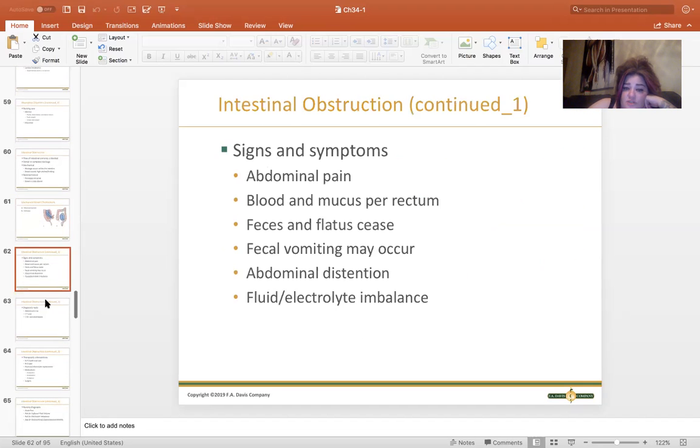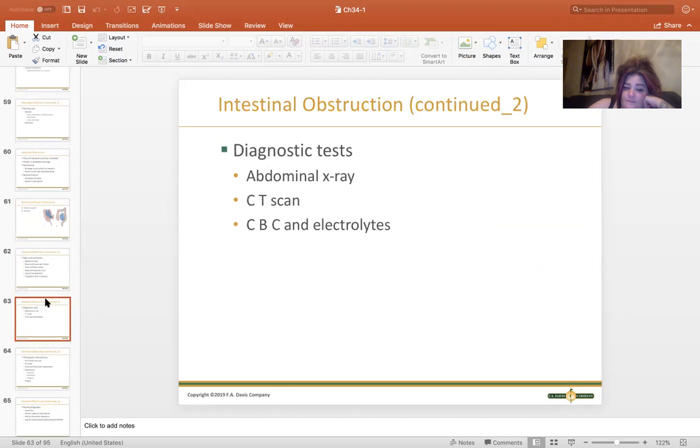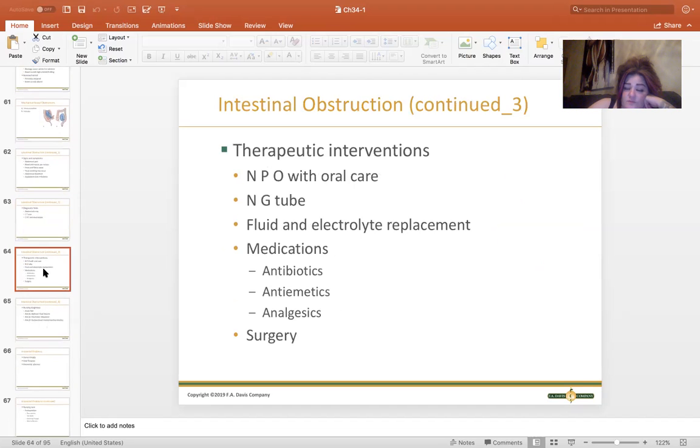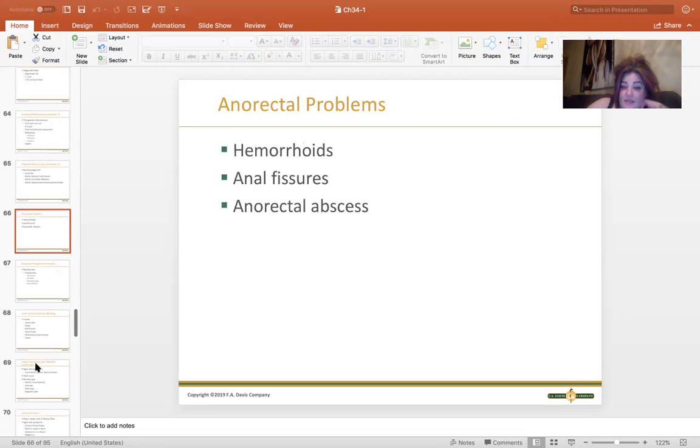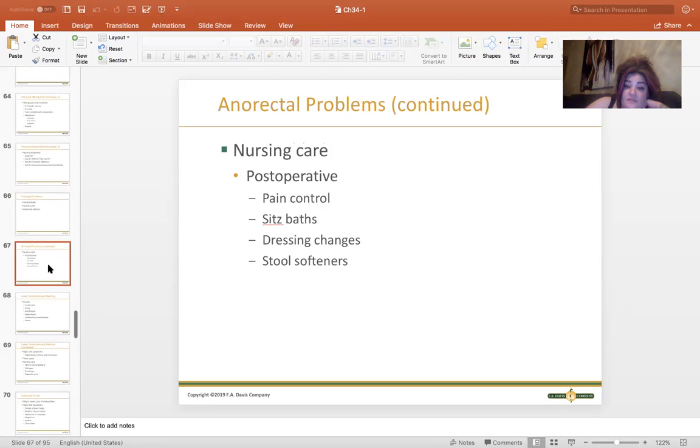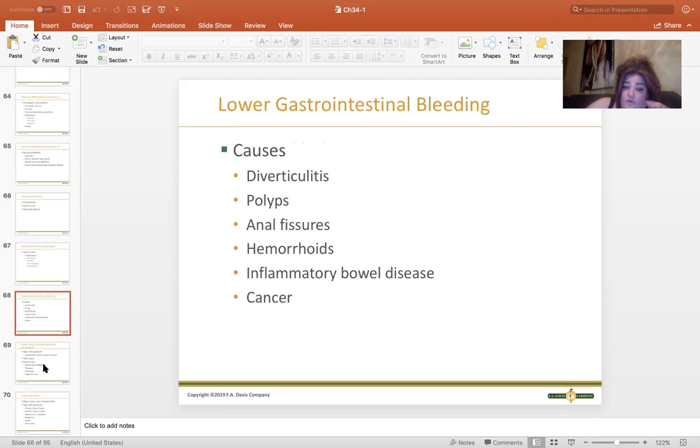Obstructions make sense. Of course, we're going to do scans to be able to see what type of obstruction is potentially happening and how we're going to fix it. And now we're moving down more to the rectum. Different things can happen. We can have hemorrhoids.